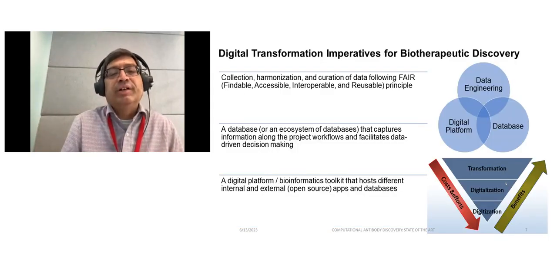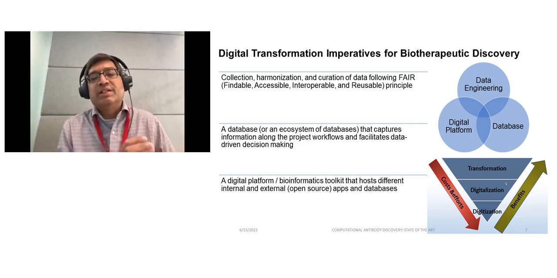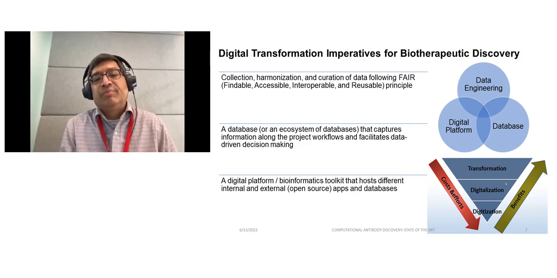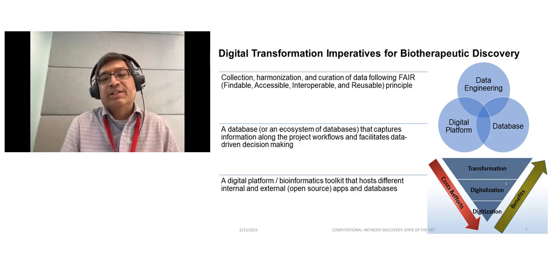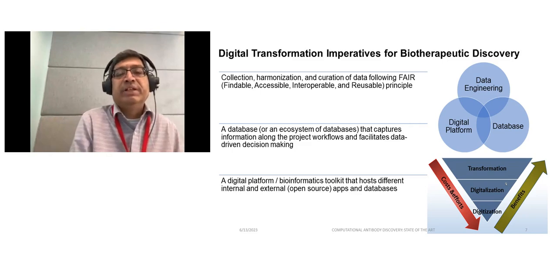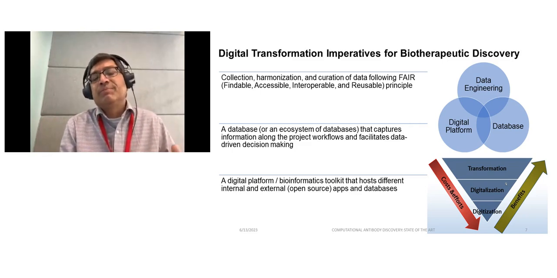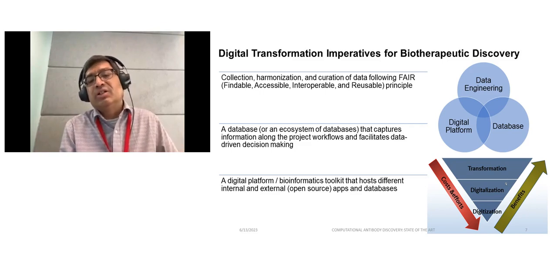And to really emphasize the point, digital transformation essentially has three stages. One is the digitization of the data in the databases. Second is the digitalization, where we are creating digital twins.